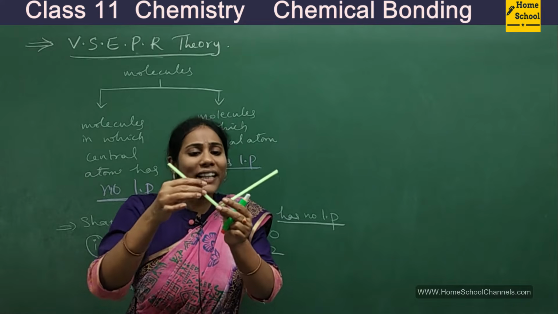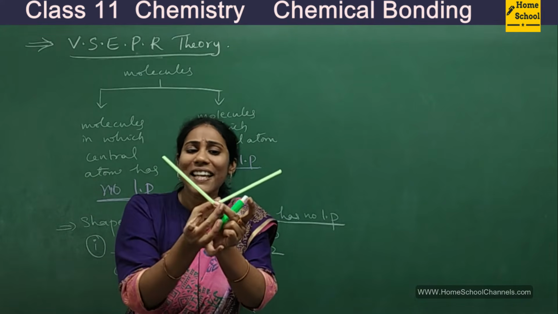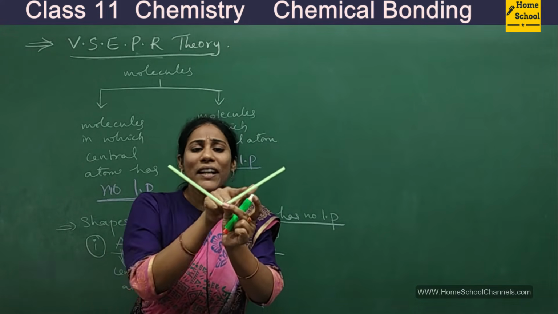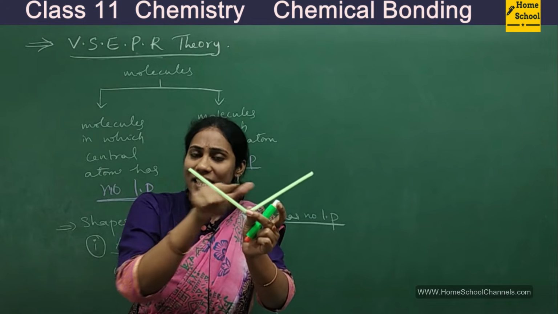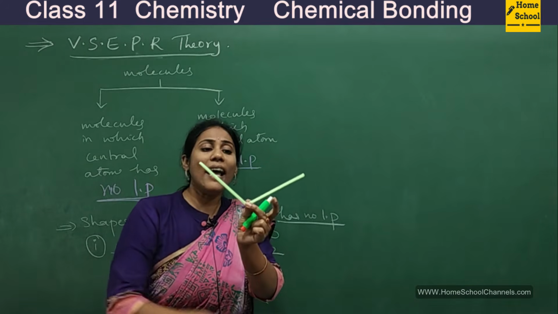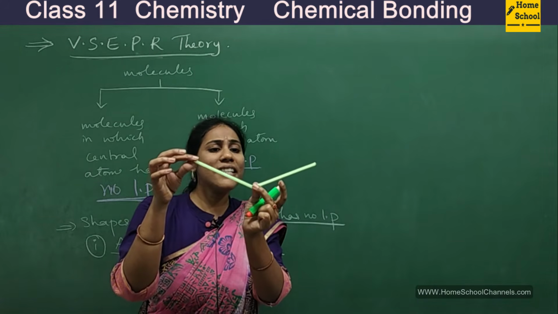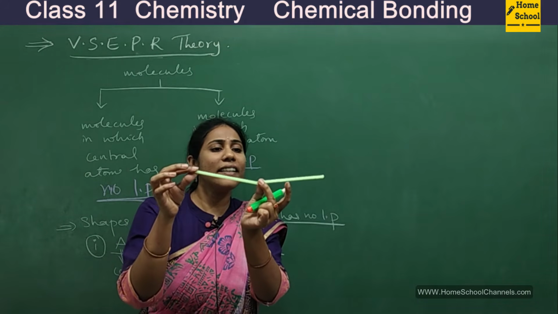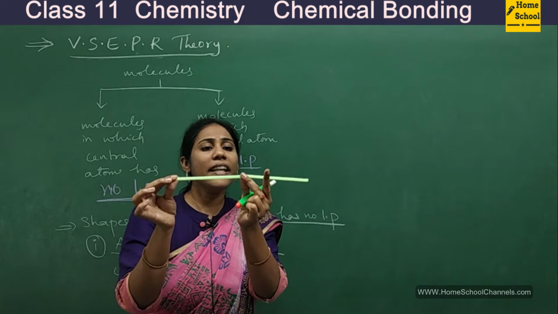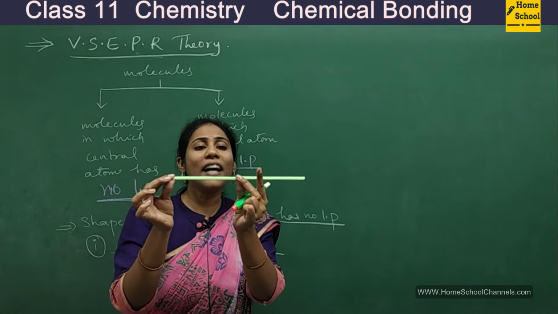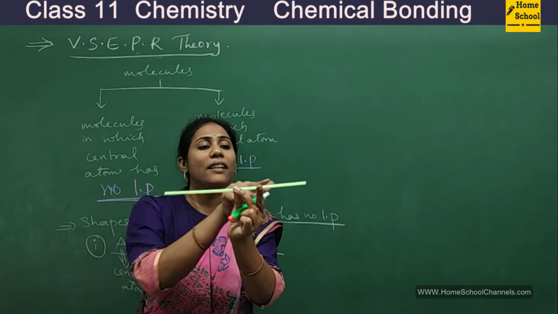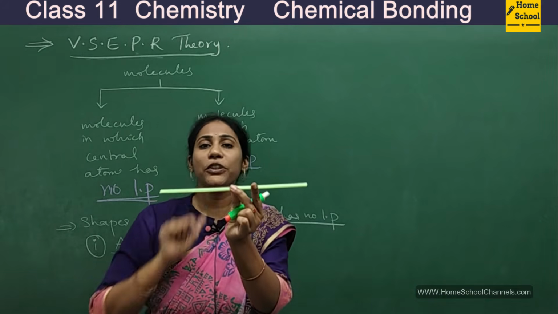Can I arrange the 2 bonds like this around the central atom? If I arrange like this, the distance is very little, so you will observe more repulsion. So I'll just increase the distance. The only possible way I can arrange to have minimum repulsion is to put both bonds opposite to each other.